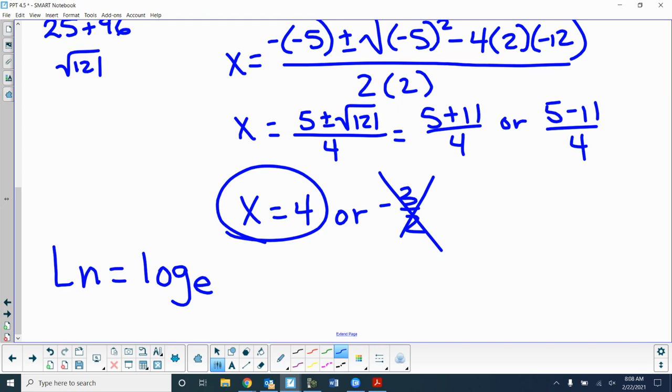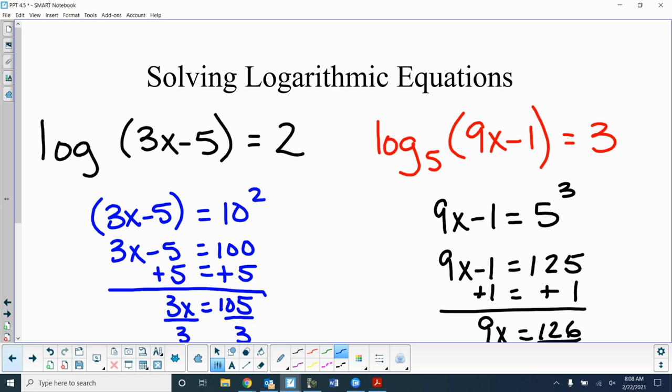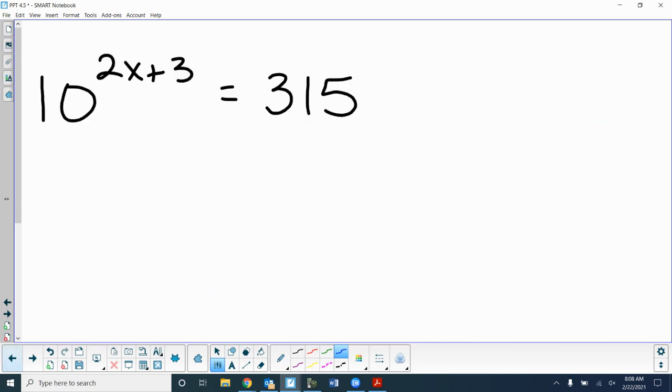So, back to what we looked at first. What would I do to both sides to solve this? Take the log of both sides. What happens to that 2x plus 3 then? It comes out front, right? So the log of 10, we're going to divide into the log of 315.